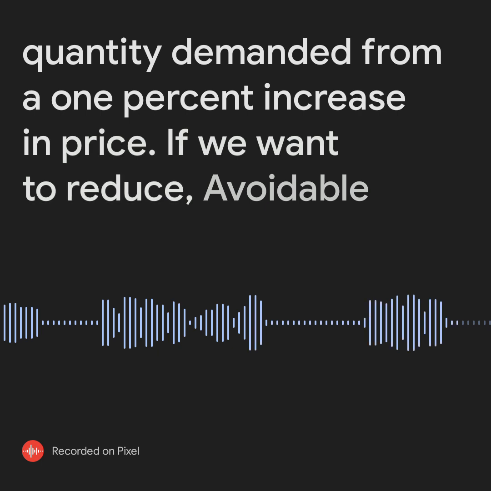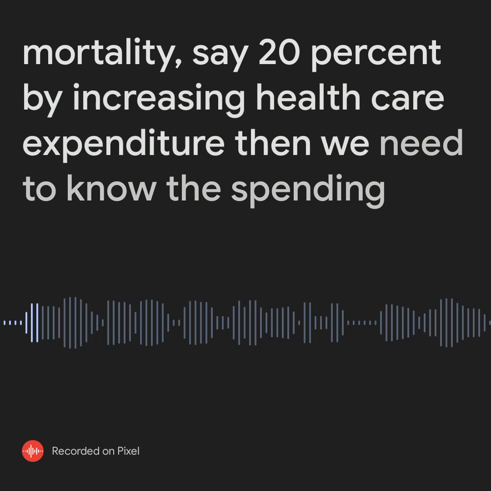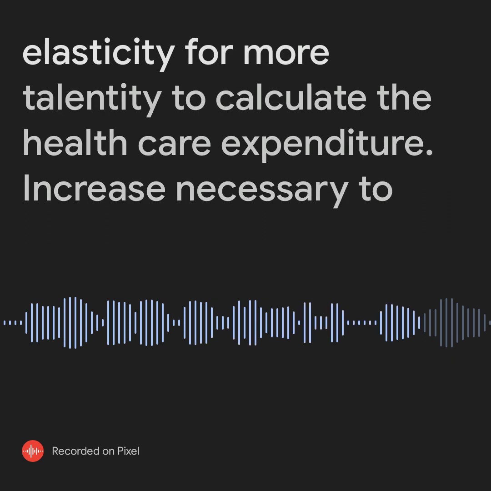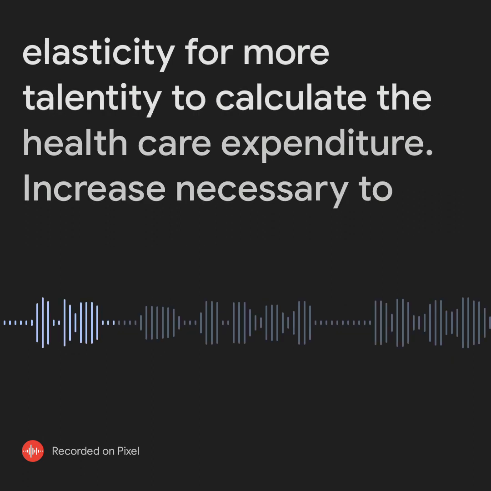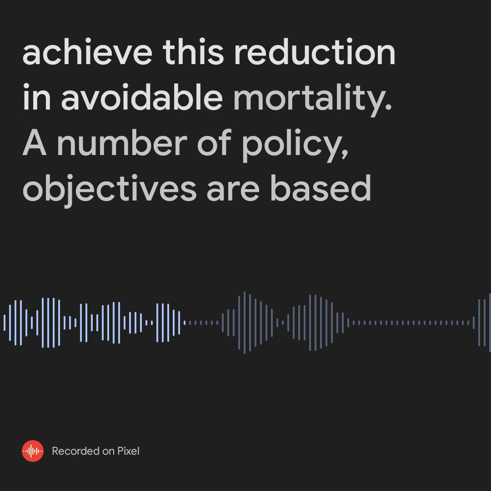If we want to reduce avoidable mortality, say 20%, by increasing healthcare expenditure, then we need to know the spending elasticity for mortality to calculate the healthcare expenditure increase necessary to achieve this reduction in avoidable mortality.